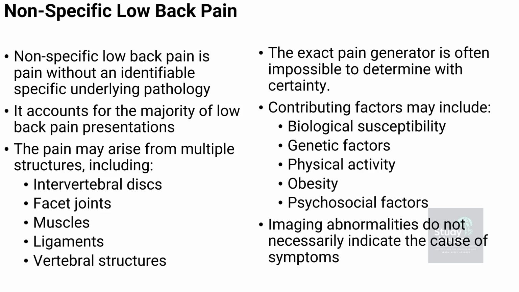Because these tissues can interact, it is often impossible to identify one exact pain generator with certainty. Several factors may influence symptoms, including biological susceptibility, physical activity, body weight, and psychosocial factors. These factors can act together and may affect how pain develops and persists.